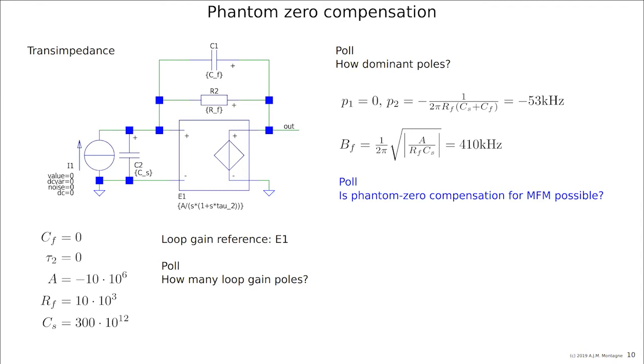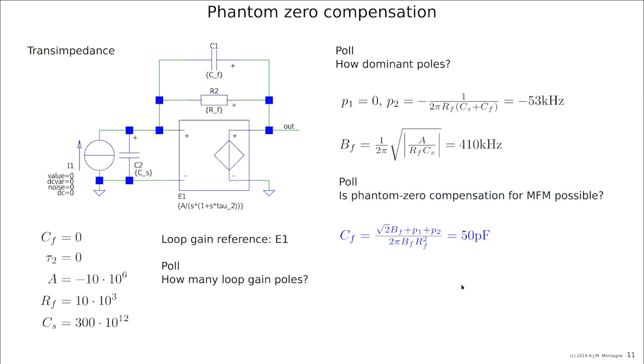The achievable bandwidth here is 410 kilohertz, and the square root of 2 times the achievable bandwidth is about 600 kilohertz, and minus the sum of the poles must be smaller than 600 kilohertz to have compensation possible with a phantom zero. That is definitely the case. It's more than a factor 10 smaller.